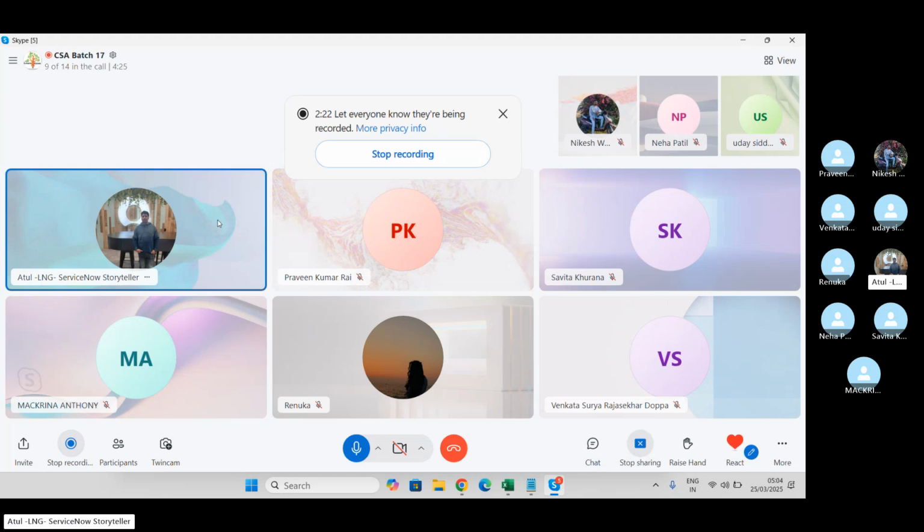So mainly, let me put a little bit more example on this so that you understand what this concept is. Let's say Macrina had an AC in the house. It's a hot summer and the AC is not working.